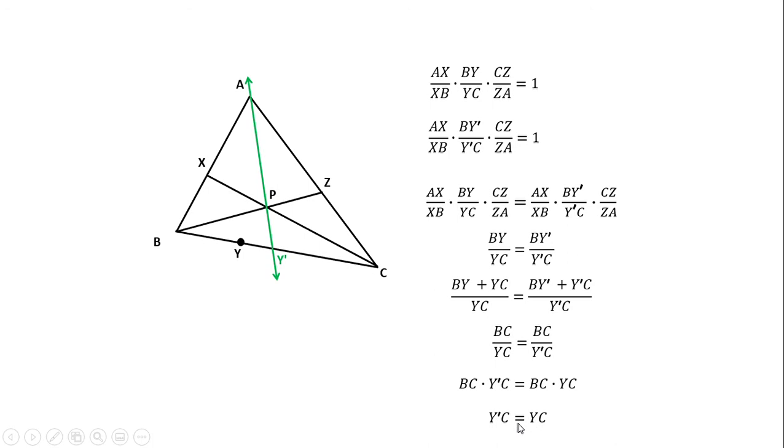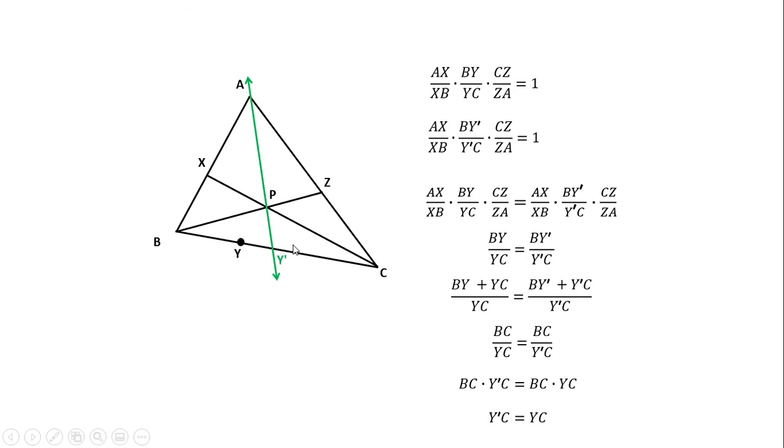And because these two are equal, Y prime and Y must be the same point. This follows from the ruler postulate that says that the points on a line can be numbered so that to every real number there corresponds exactly 1 point. Because Y and Y prime are the same point, AY and AY prime are the same line.